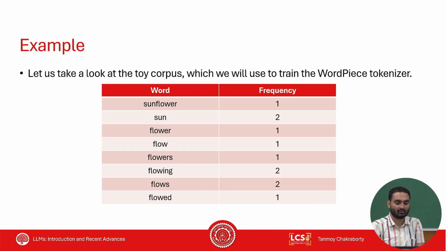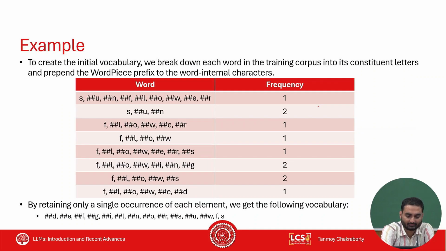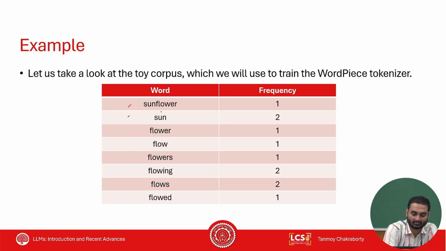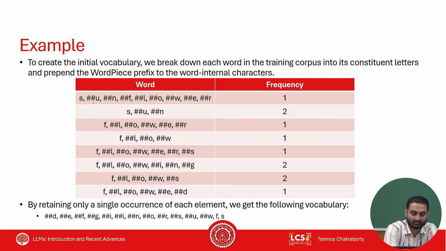Let's again take an example. Let us assume that these are the training words present in the training corpus: sunflower, flow, flowers, and so on and so forth, and the corresponding frequencies. Now when we segment, as you see here, sunflower becomes s, ##u, ##n, and so on.